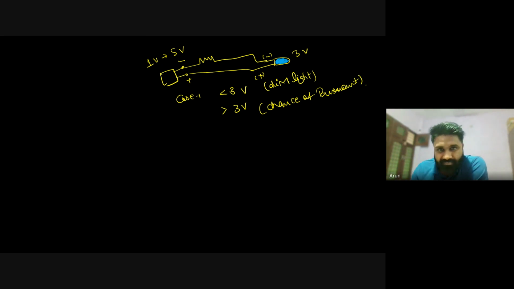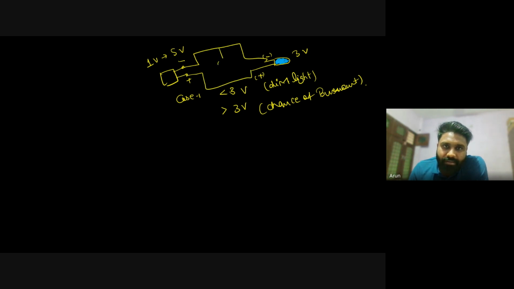But if in this circuit you have connected a Zener diode in reverse biasing, here we have the Zener diode, here we have the resistance. What will happen when the supply is less than 3 volt? This Zener diode we have to select according to the voltage required by the LED.